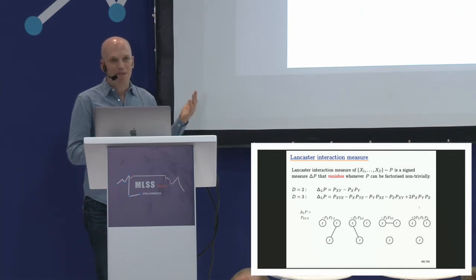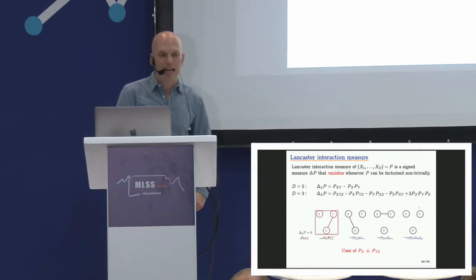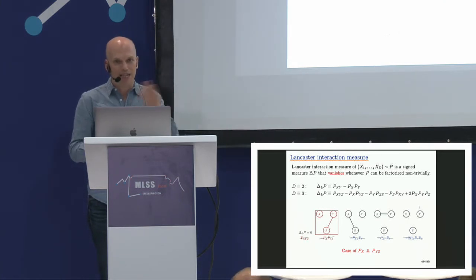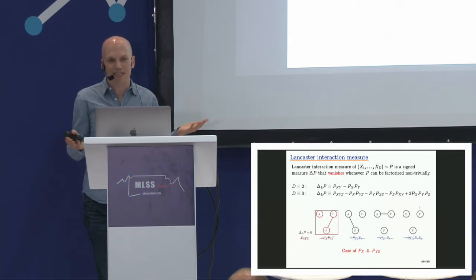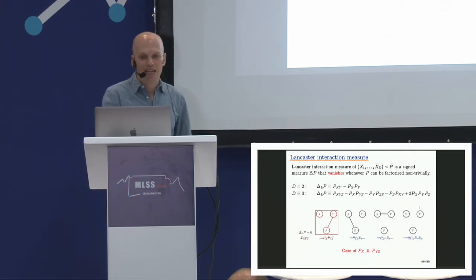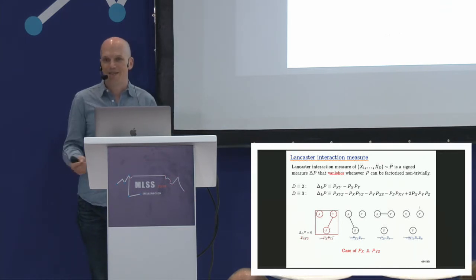So why might that be a measure of whether there exists a factorization? Well, let's assume that the truth is that x really is independent of y and z. So in that case, the first 2 terms cancel. The first term is my true joint, but I know that x is independent of y and z. And the second term is a case where I mandate that x is independent of y and z. So these are obviously going to cancel because they're the same thing. But then everything else cancels too, because if I know that the truth is that x is broken off from y and z, then the last 3 terms are just px times py times pz, and they all go away.